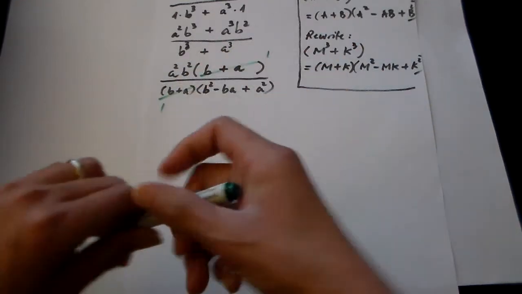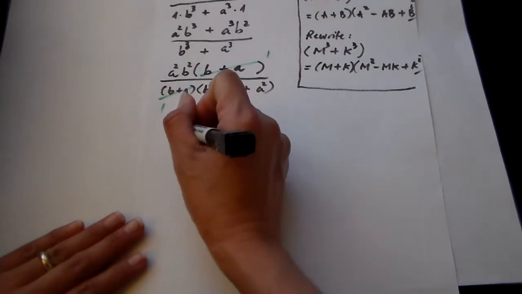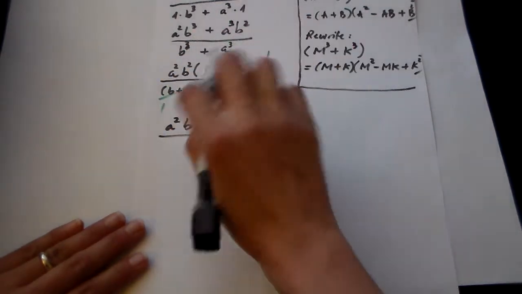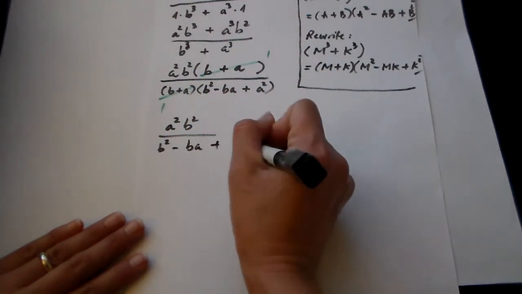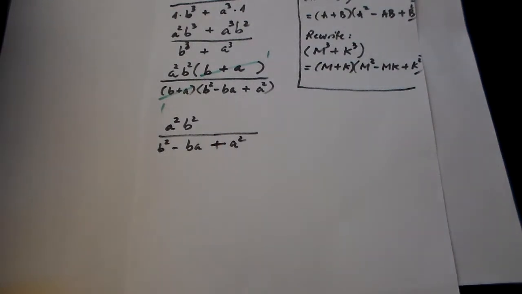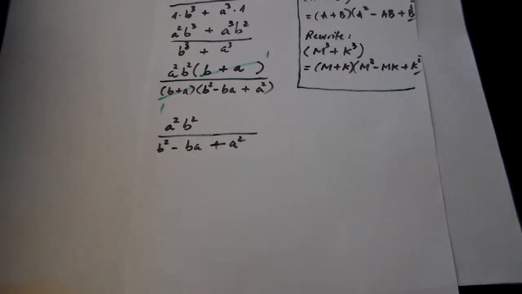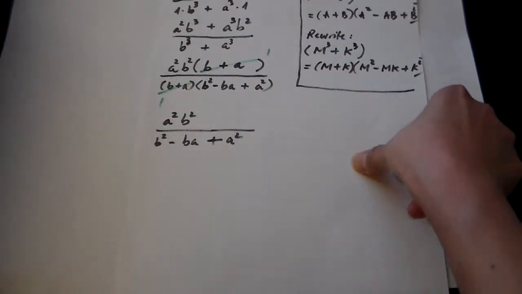You're left with 1 on top and bottom. So 1 times a squared b squared is a squared b squared, divided by 1 times the rest, b squared minus ba plus a squared. Look at the top and the bottom and see if you can factor any further. It looks like this is it. You cannot factor any further, so you know that you're done simplifying this complex rational expression.